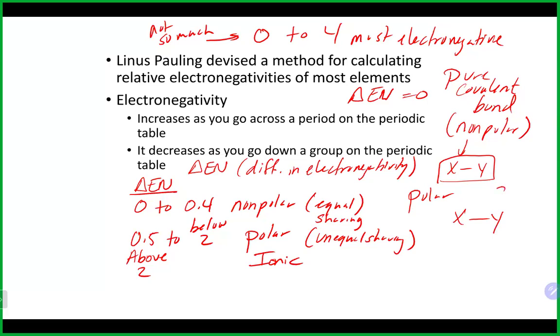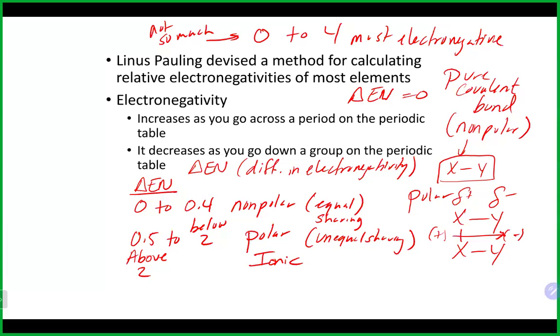One side is, for example, partially negative, one side is partially positive, and the partially negative side would be the side that is more electronegative. It will be where those electrons are hanging out more than the other side. As we talked about last time, they are partial positive and partial negative charges because there is still some sharing happening there.